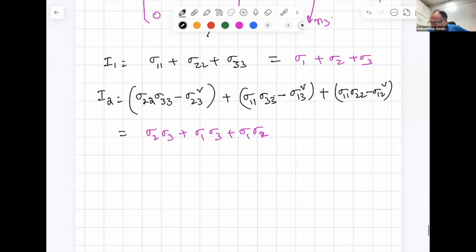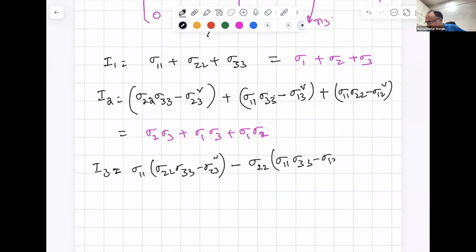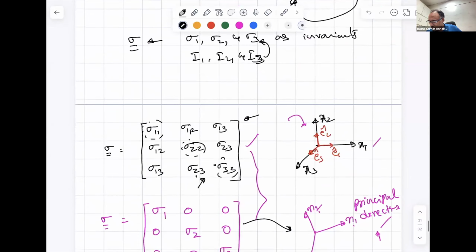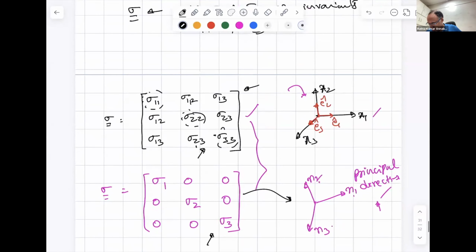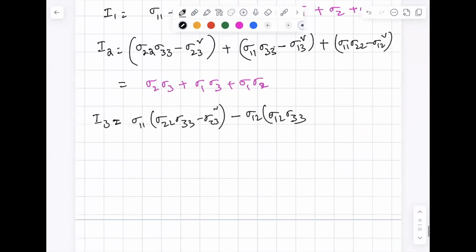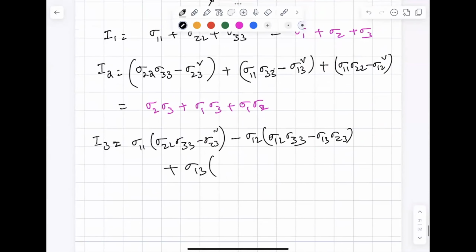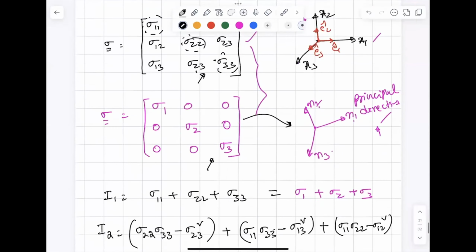Now what is I3? Sigma 11 into sigma 22 sigma 33 minus sigma 23 square, minus sigma 12 into sigma 12 sigma 33 minus sigma 13 sigma 23, plus sigma 13 into sigma 12 sigma 23 minus sigma 13 sigma 22.